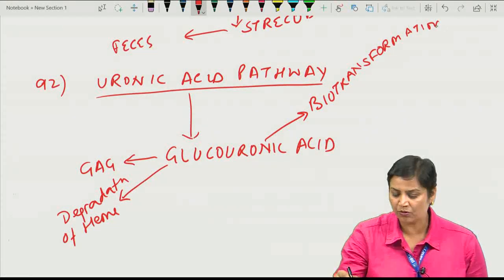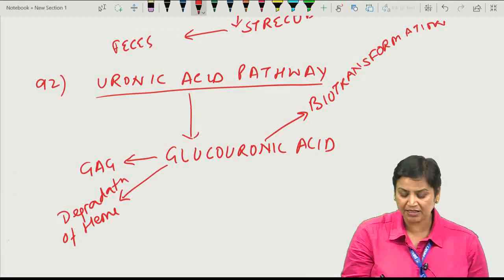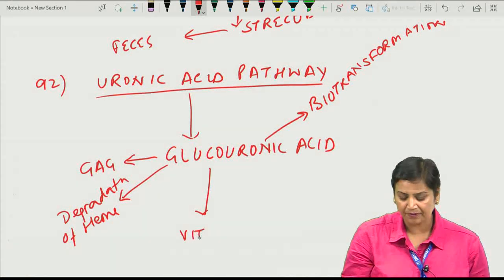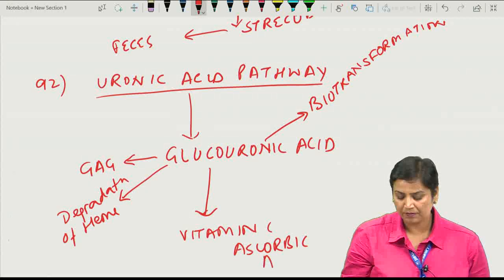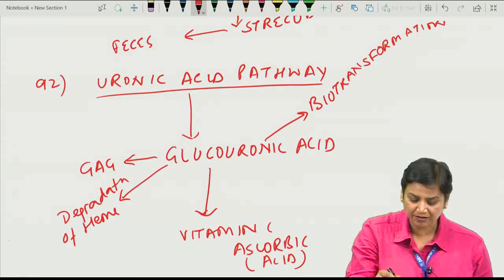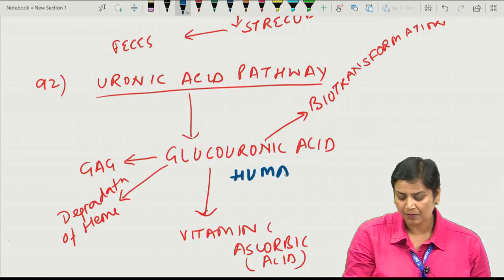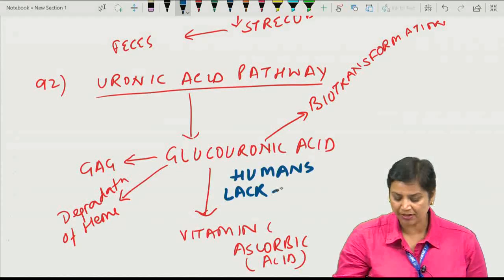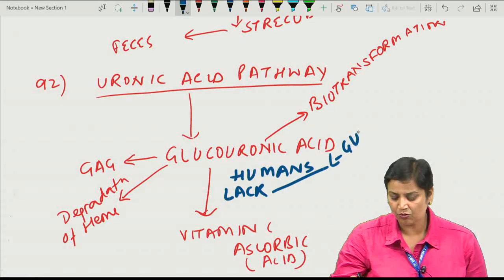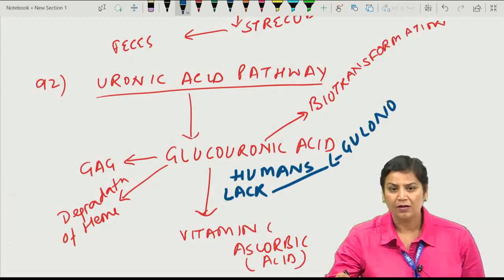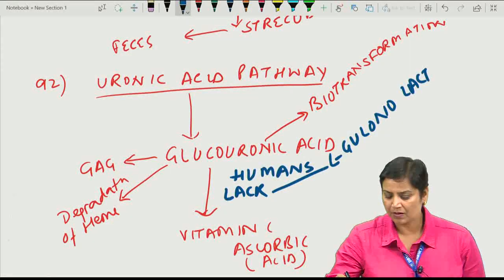Now, except human beings, this glucuronic acid is further converted into vitamin C, which is ascorbic acid. But human beings lack L-gulonolactone oxidase.